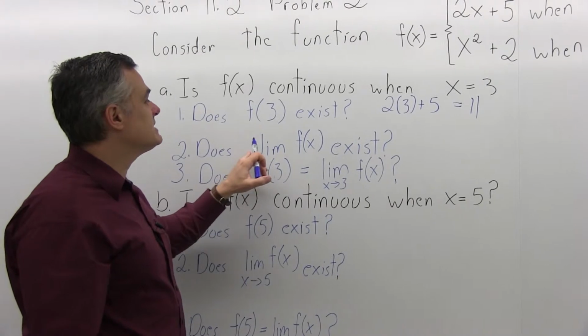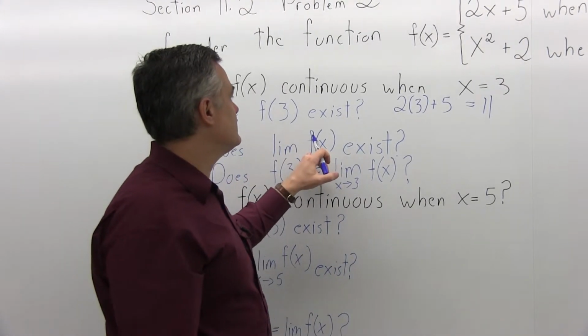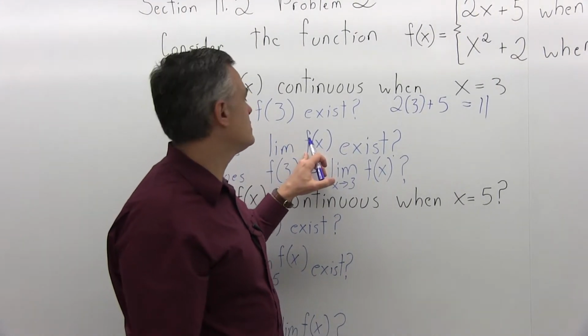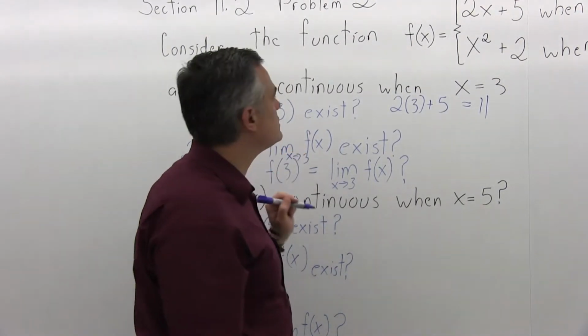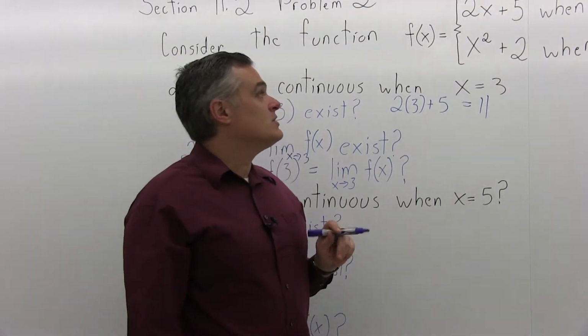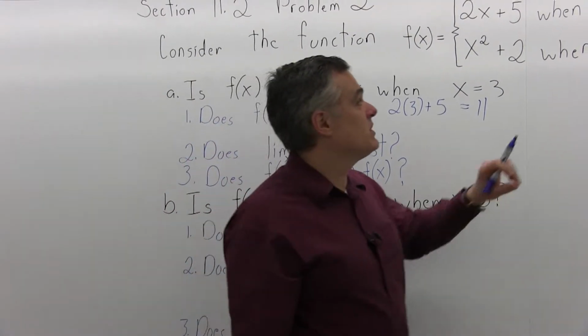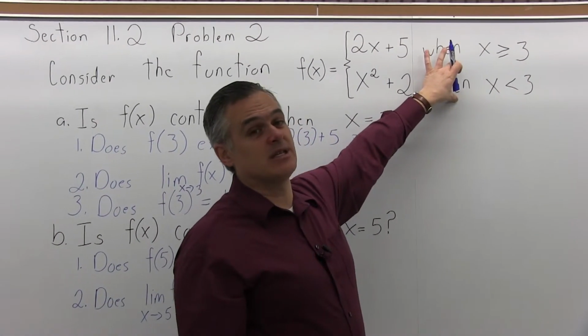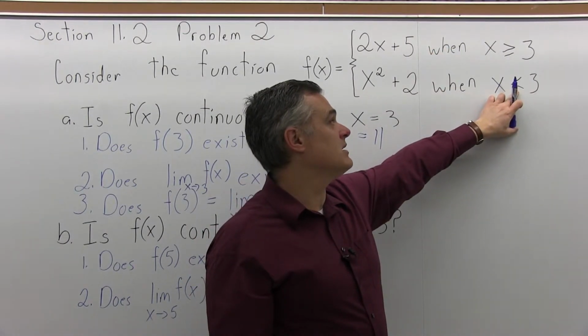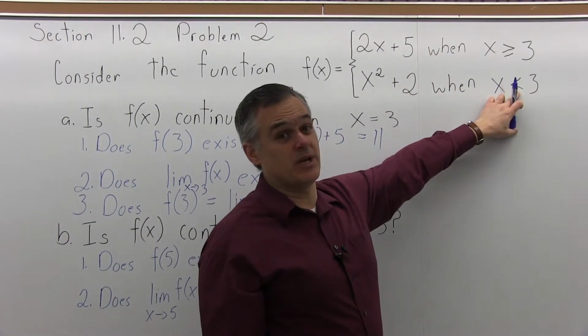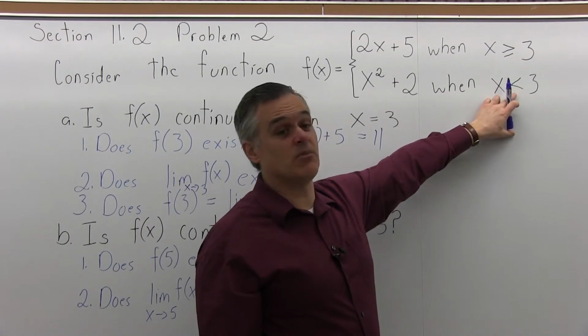Question 2, does the limit of the function exist as the input approaches 3? Let me add that. As the input approaches 3. So since this function is split at 3, I really have to test both branches. So for input values slightly less than 3, 2.9, 2.999, I have to use the bottom branch.